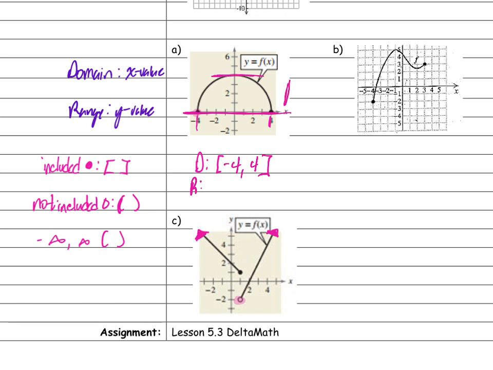And my range, remember, is this way. Domain is this way. This is domain. This is range. So my lowest range is 0. And it goes to 4, it looks like. 4. And it's included also. Okay, did that help out a little bit?